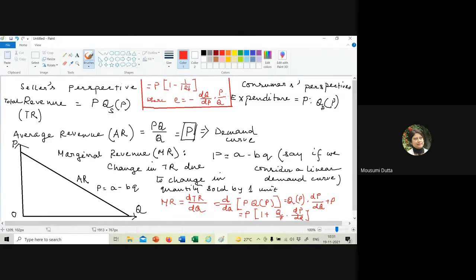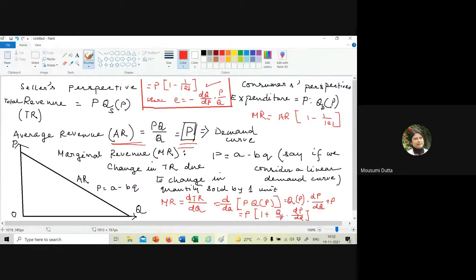Before closing this part, I'll rewrite the equation finally. MR is equal to P into 1 minus 1 by mod E. Now, I told you P is equivalent to AR.